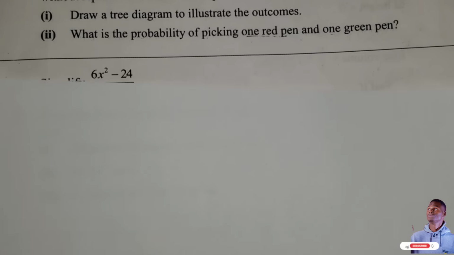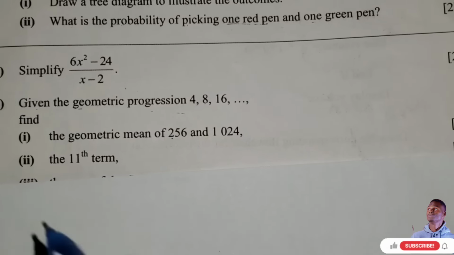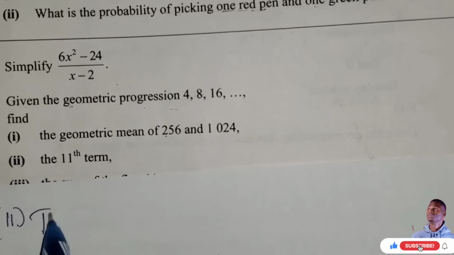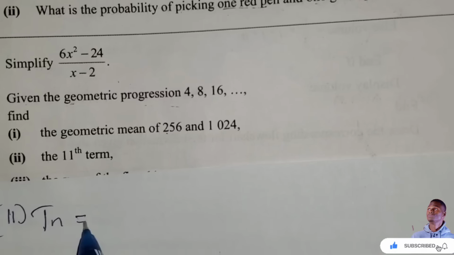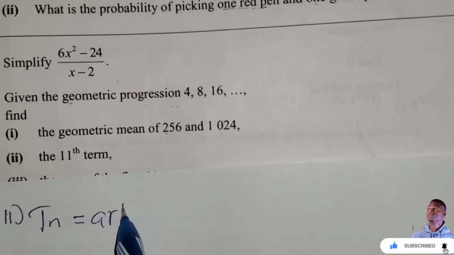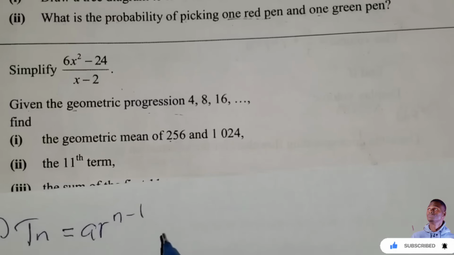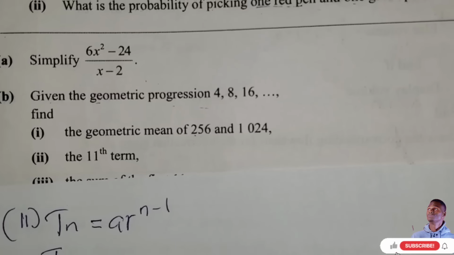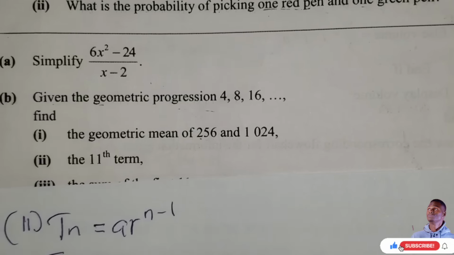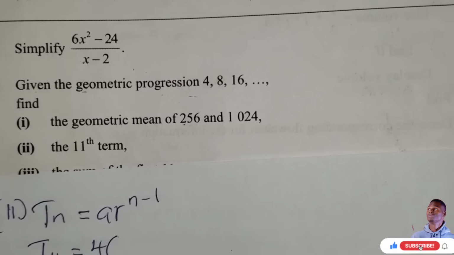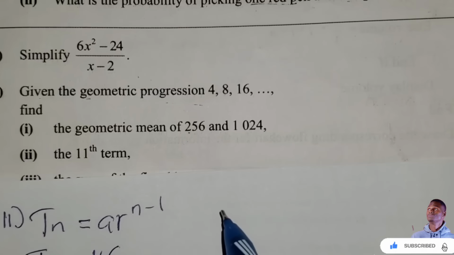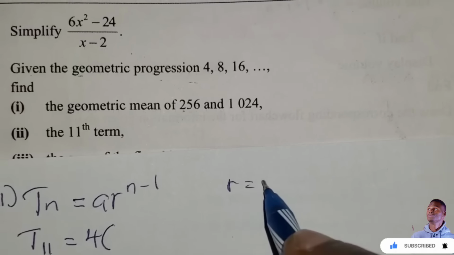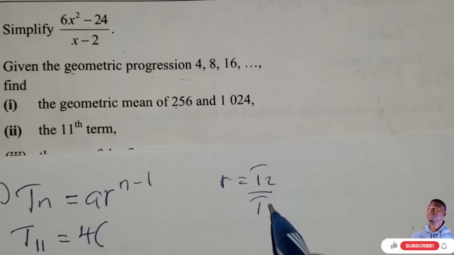So, finding the 11th term here, we're going to use this formula. Tn is equal to A R to the power n minus 1. Okay, so n is 11. The first term here is 4. To calculate the common ratio, R is equal to T2 over T1.